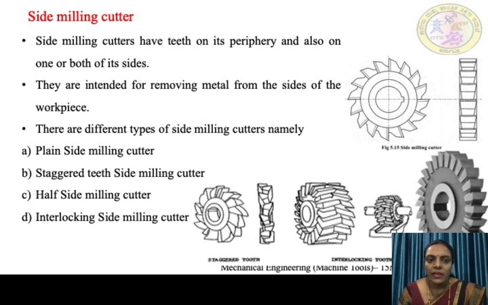There are many types of side milling cutters, namely plain side milling cutter, staggered teeth side milling cutter, half side milling cutter and interlocking milling cutter. Depending upon the particular work, machining is performed by selecting a proper milling cutter.